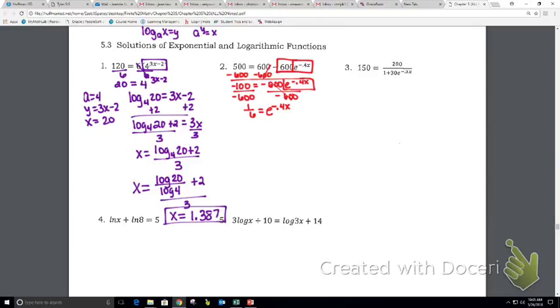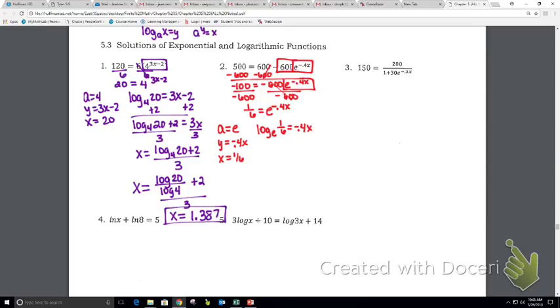And then I'm going to change it to log form, which is going to be my natural log, yes, because it's base e. So I'm going to have my base is e, to the y is negative 0.4x, and x is 1/6. So I got log base e of x equals y.